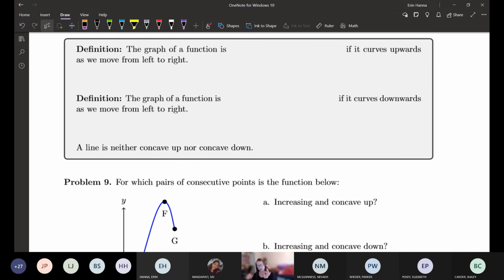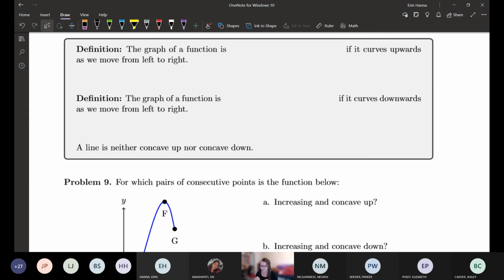So there is that online textbook, and it does talk about concavity as well. But Hughes-Hallett is kind of the reason this is here now. So we're going to introduce the idea of concavity, and then it's going to come back to us in later sections again, because it's actually more of a calculus concept, and we're not in the calculus yet.